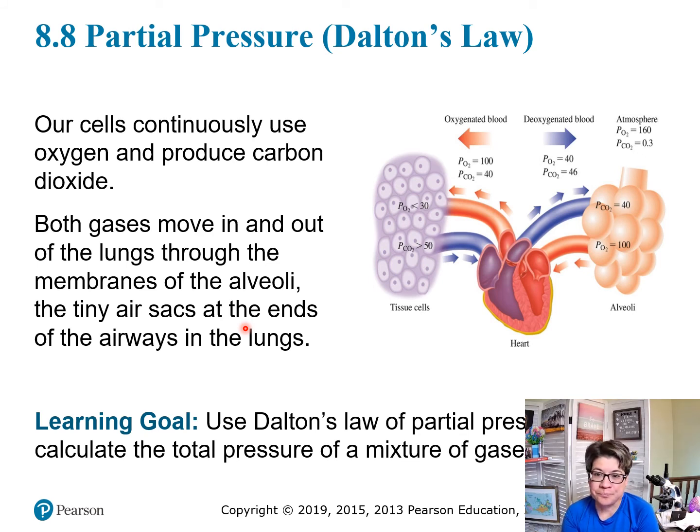And we can use these gas laws to kind of predict which direction the air is going to flow based on the pressure. And so here we have gases moving in and out of the lungs through the alveoli, which are the tiny little berry air sacs. And it depends on their partial pressures, which is called Dalton's law. So you've got, what, 5 or 6 laws, I think, in this chapter.